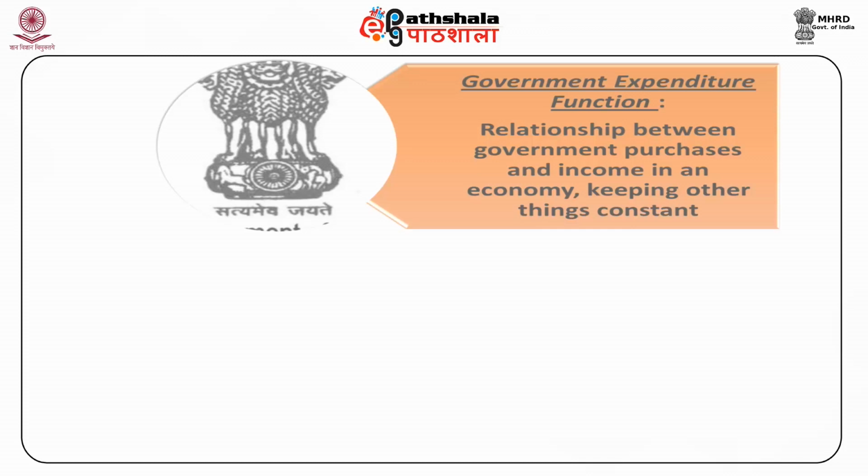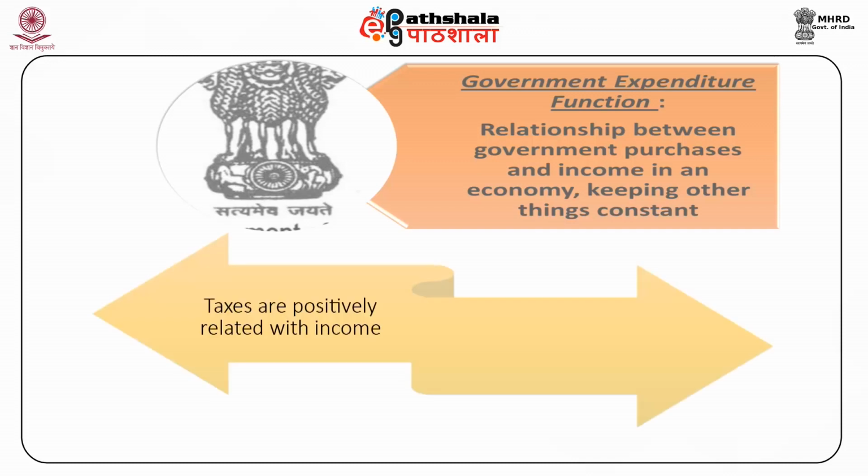This expenditure is treated as autonomous. Since taxes are positively related with income, while transfers are negatively related with income, it is assumed that net taxes, that is, taxes minus transfers, are autonomous and independent of income.